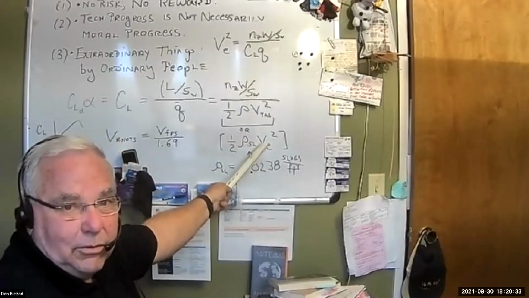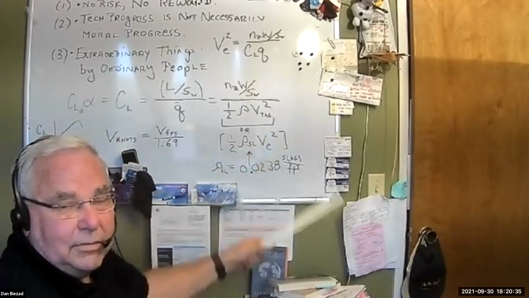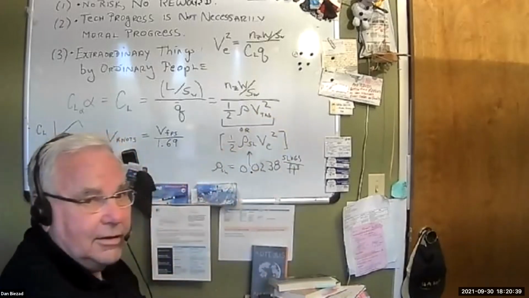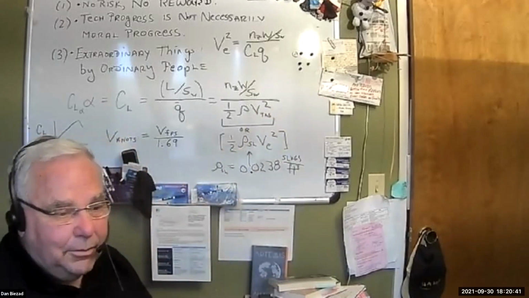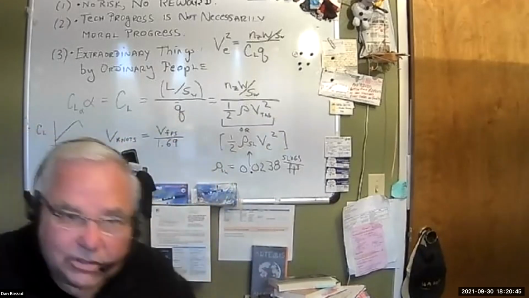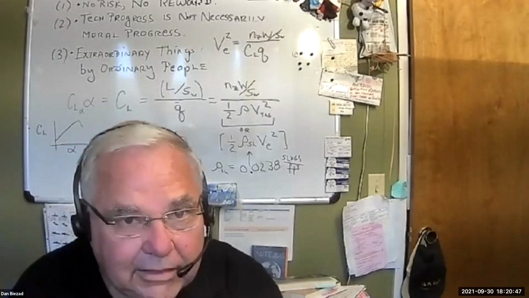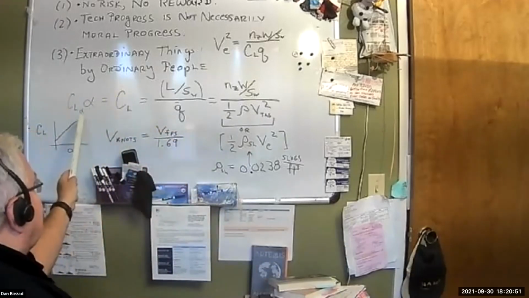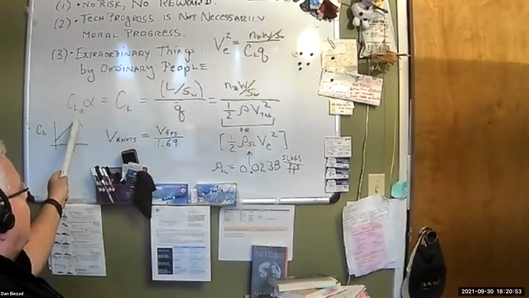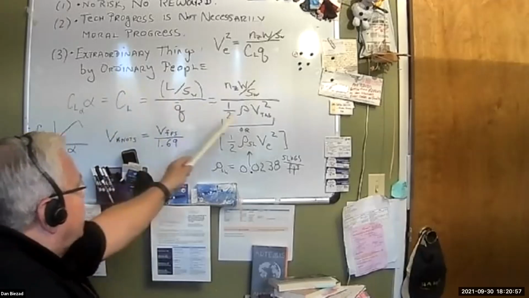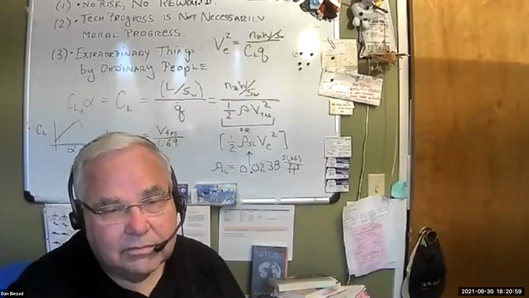It'll go down by 1.4, the square root of 2, because the 1/2 is going to have to come in out of here. So you got to play with the math a little bit with your calculator to make it work out because of the square root sign. But the key thing to remember is that I'm keeping this constant. That C sub L has got to stay at the peak. If the weight goes down and I want to keep this constant, then the denominator's got to go down too.